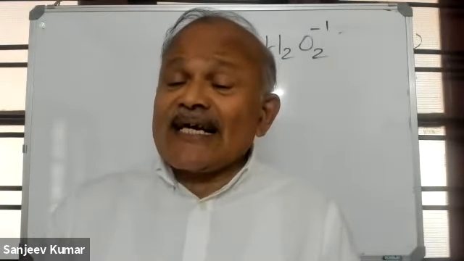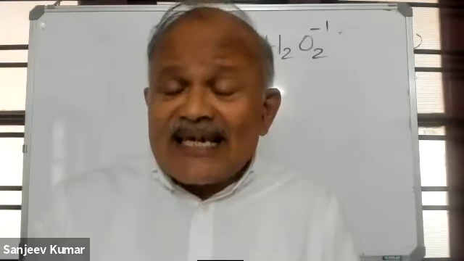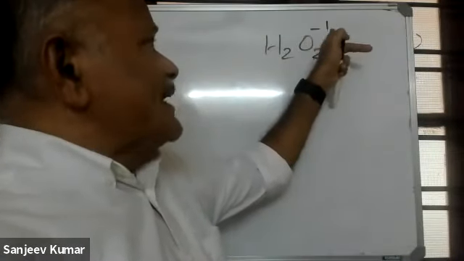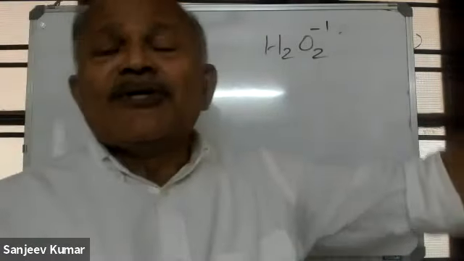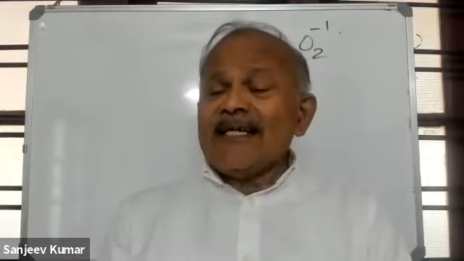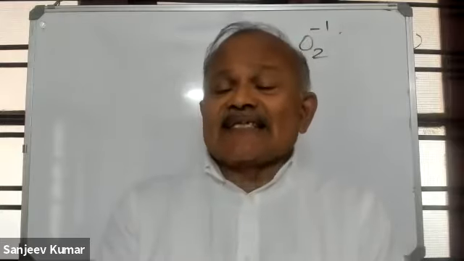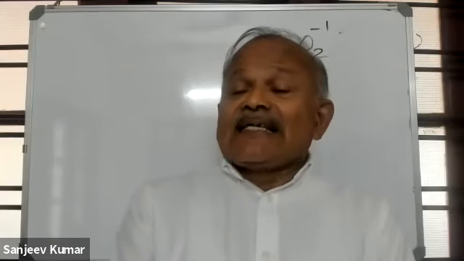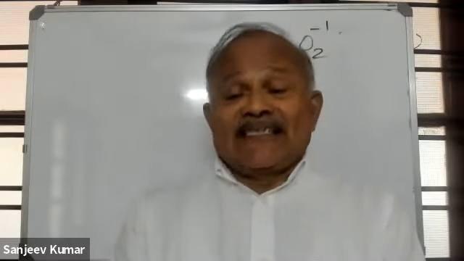Therefore, hydrogen peroxide can act as a reducing agent when the oxidation number of -1 increases to 0. Therefore, whenever hydrogen peroxide reacts and oxygen is liberated during its reaction, it acts as a reducing agent.